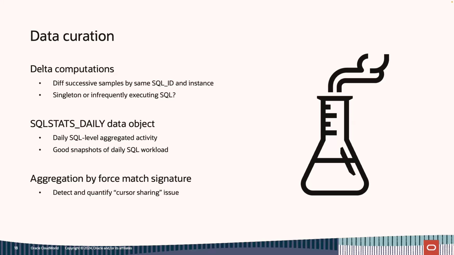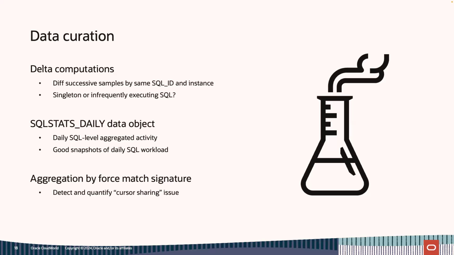They differ only in the values of literals that are embedded in the SQL. So what we do now is if we've collected a number of SQLs that have the same force match signature but different SQL IDs, we aggregate those in the repository, in the database, as part of doing our insights, right?